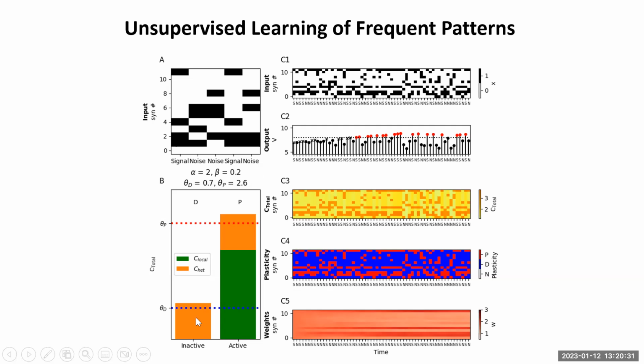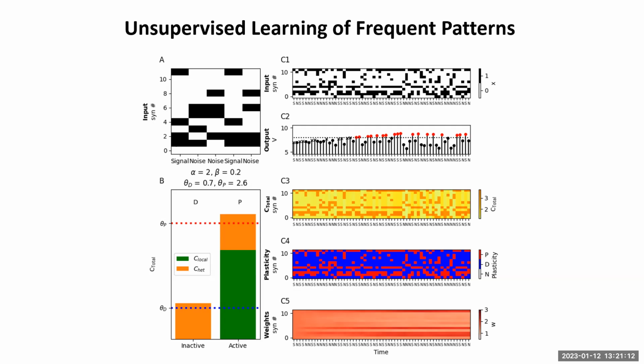So if you're an inactive synapse, one of these synapses that aren't firing, but there are other synapses that are firing, you're going to get a certain amount of heterosynaptic calcium from the other synapses. If you just have that heterosynaptic calcium and that synapse isn't firing, you get depression. But if you are firing, then that synapse potentiates. So effectively, every time one of these patterns comes in, all of the active synapses potentiate and all of the inactive synapses depress.